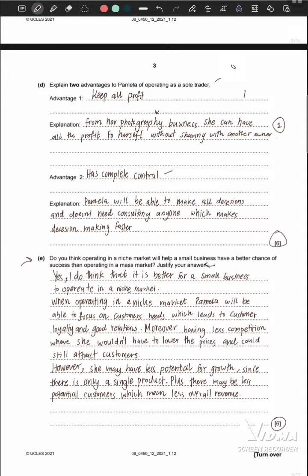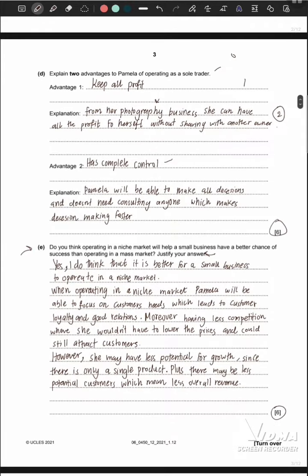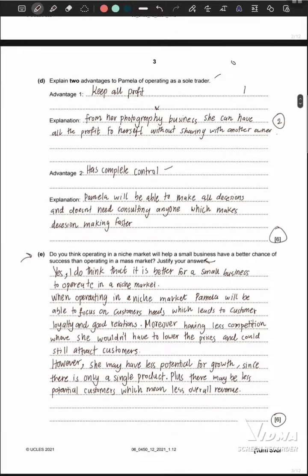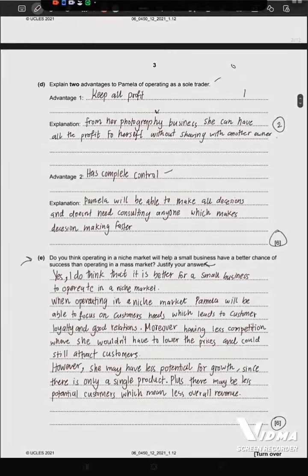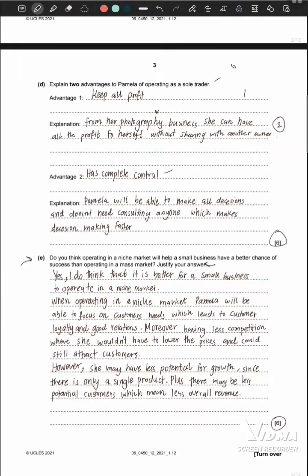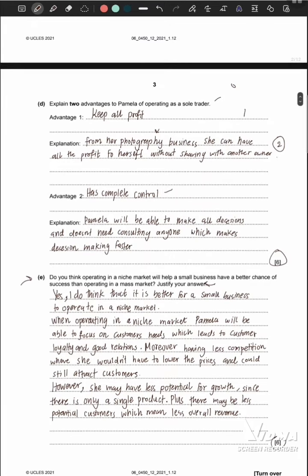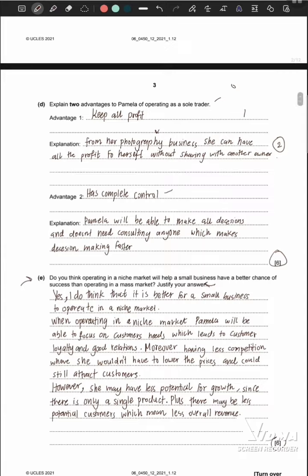Usually people will agree because when you use your logic, you'll come to the conclusion that it is better. If in the exam you find yourself without any ideas coming up, in order to get ideas for this question, you can simply define what a niche market is and what Pamela's role in this niche market is.